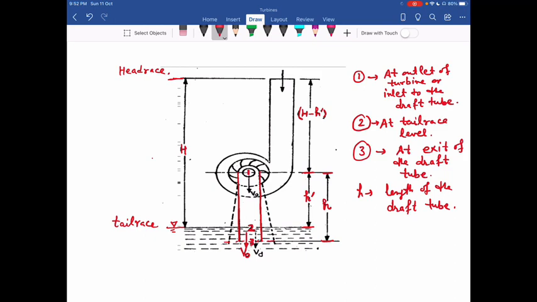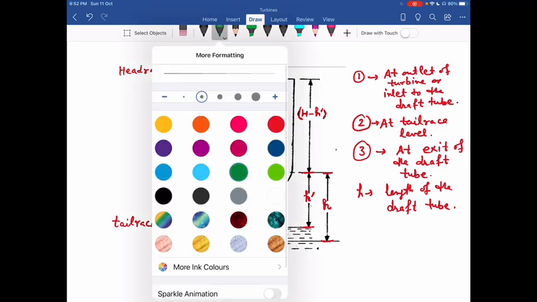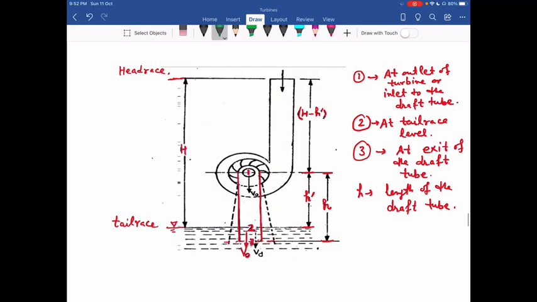And the second one is the draft tube with increasing cross section, that is with these dotted lines.